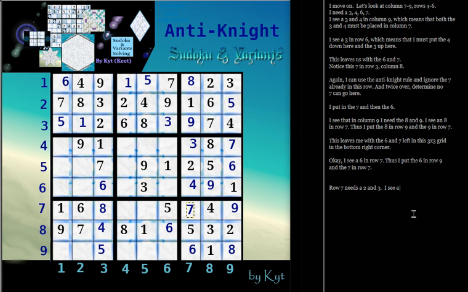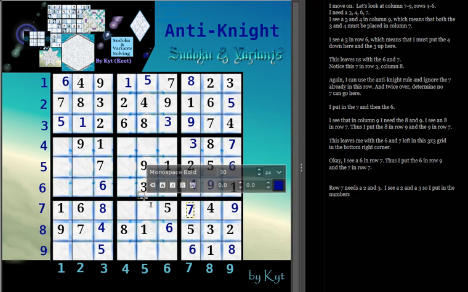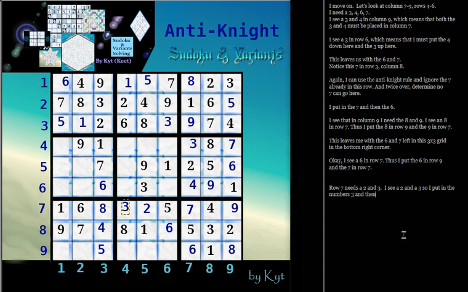I see a 2 and a 3, so I put in the numbers. Three and then 2.